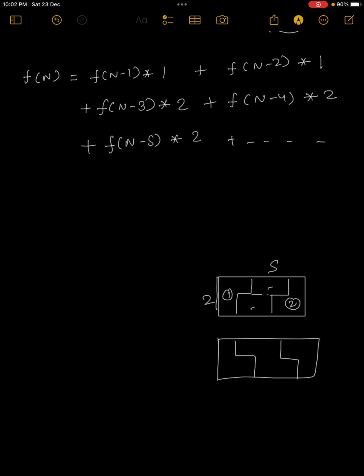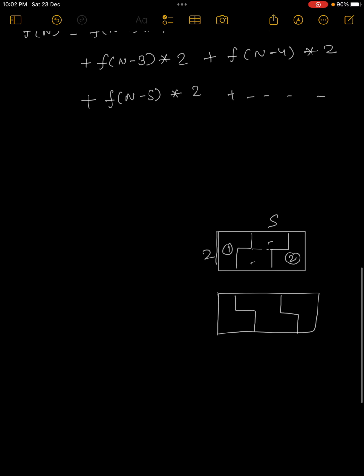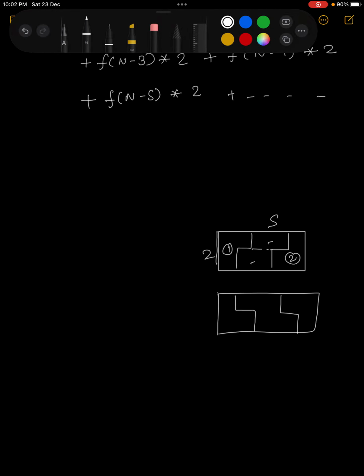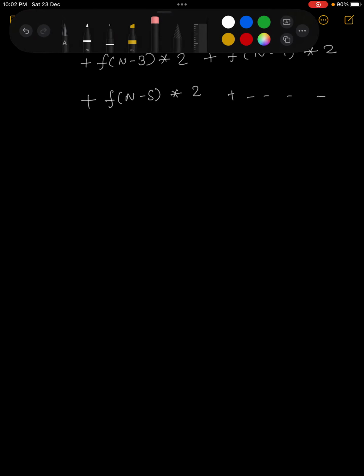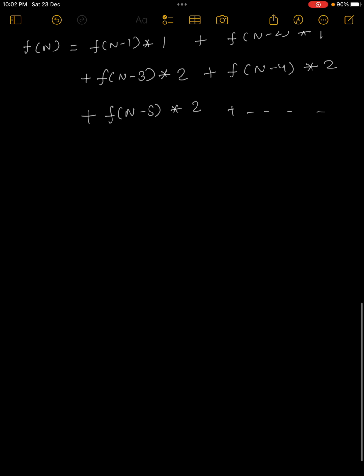So we have seen a pattern here. By seeing the pattern, can we get our answer using it? Let me rewrite the same equation again, after replacing n with n minus 1. Then what will happen? This would be n minus 2.